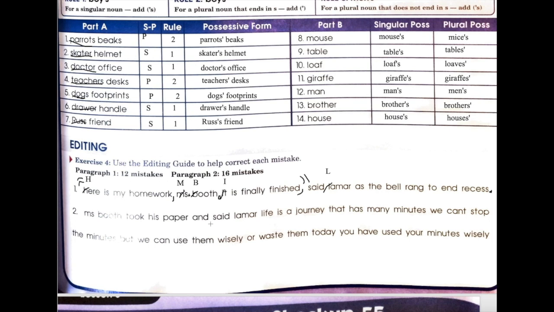All right, number 2. Miss Booth took his paper and said, Lamar, life is a journey that has many minutes. We can't stop the minutes, but we can use them wisely or waste them. Today you have used your minutes wisely. Let's capitalize Miss Booth. Put a period in between Miss Booth.